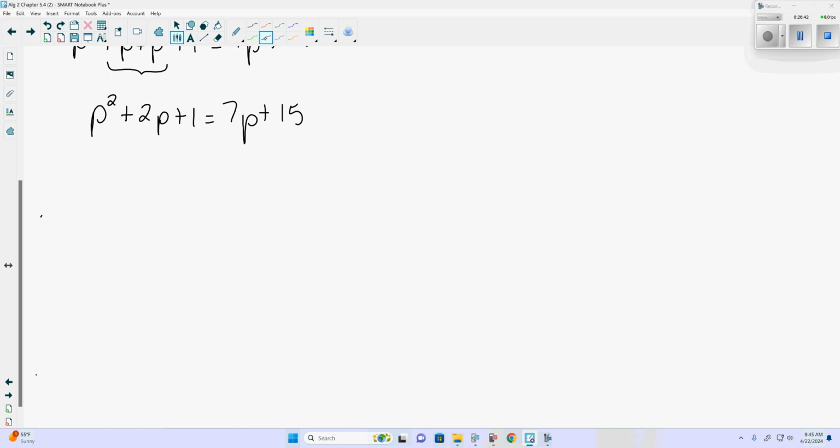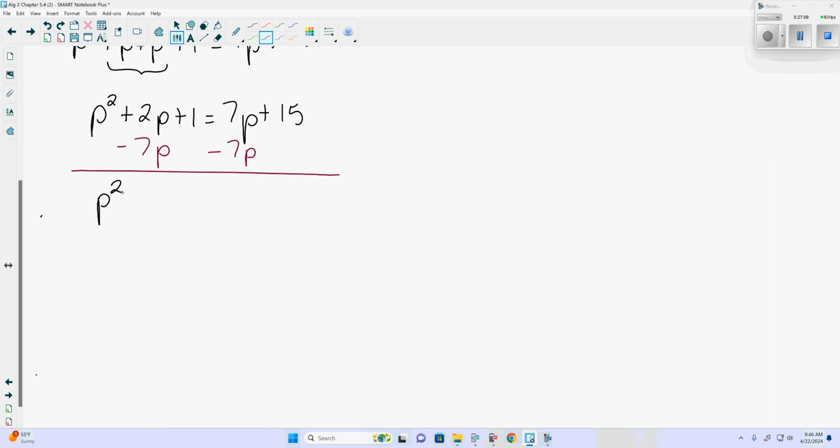Step 3, are there any radicals left? Well, no. Solve for the variable. Since we have a squared term, we need to get this equal to 0. I would subtract 7p. Because we could subtract p squared, 2p and 1, but that's moving 3 things, or we can subtract 7p and 15 and get to the same spot.